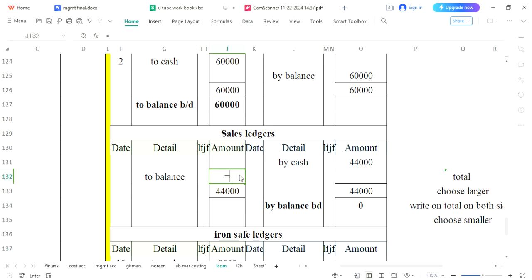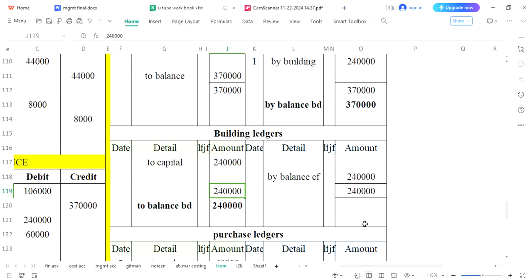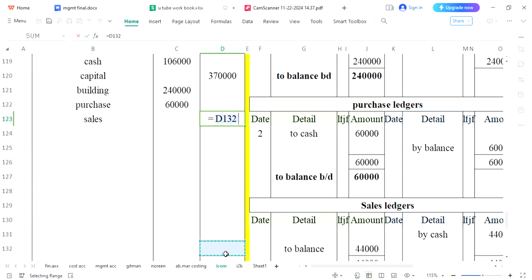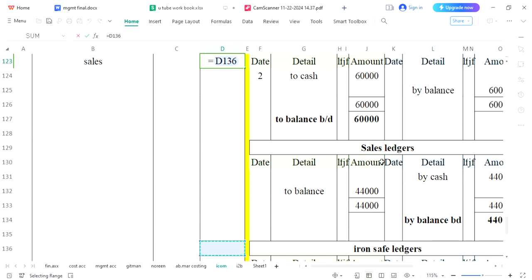Larger sum was 44,000, smaller sum was 0, so you have calculated. Okay, now let's come back to our sale. We will see where sales balance has been written. This is your sale ledger, and balance is written on credit, so you will choose credit side.